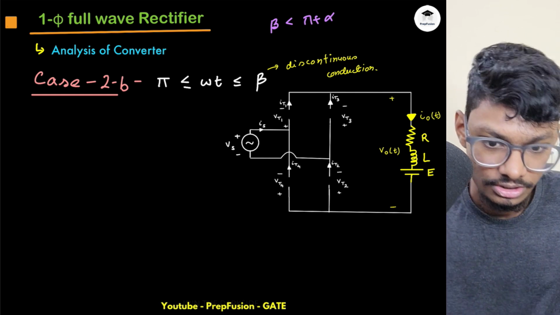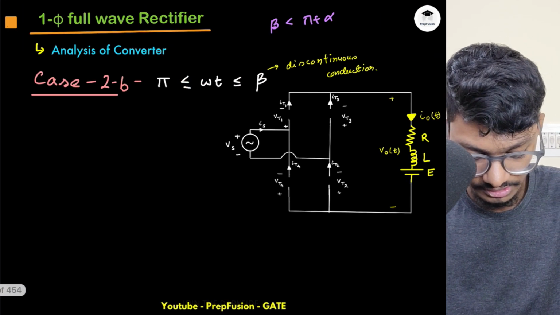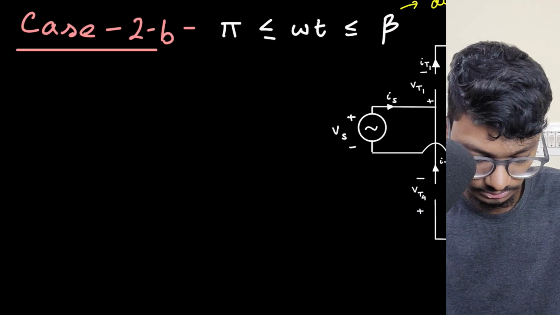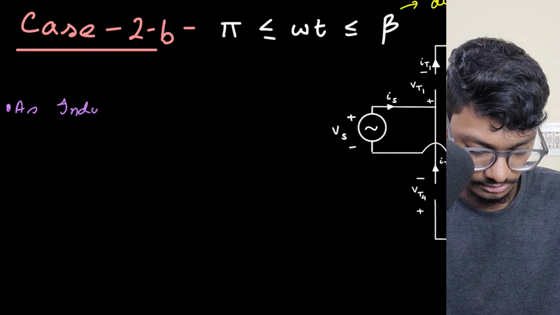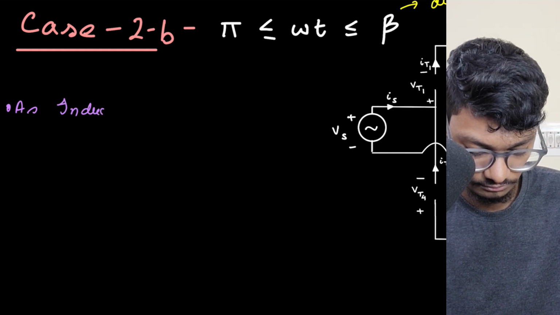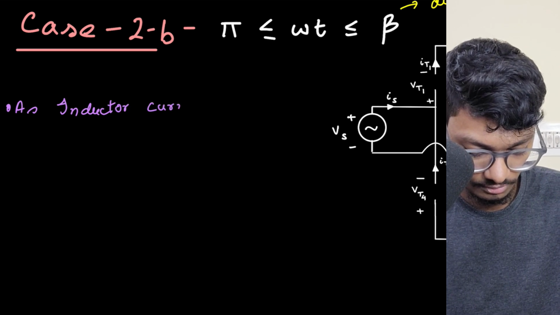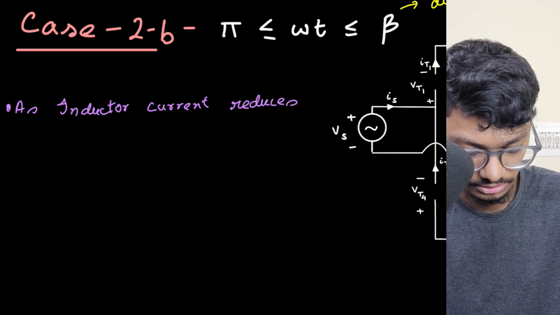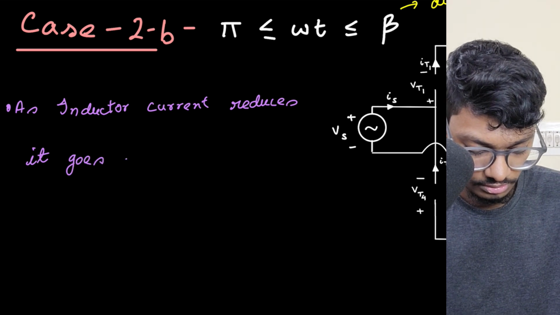Okay, so what will happen? Current will reduce, and as the inductor current reduces, it goes to 0.